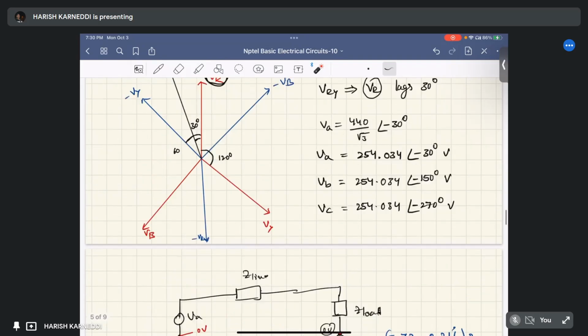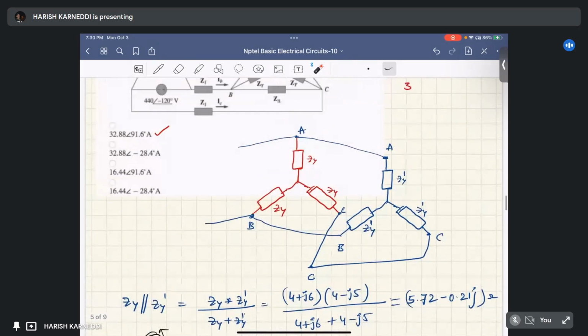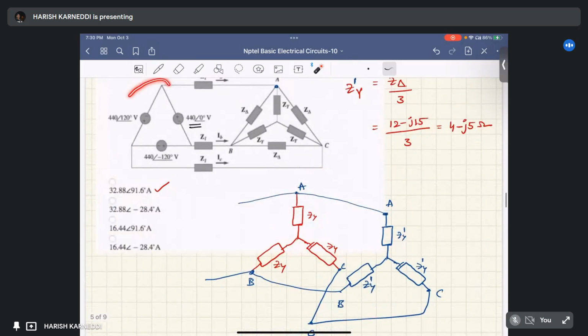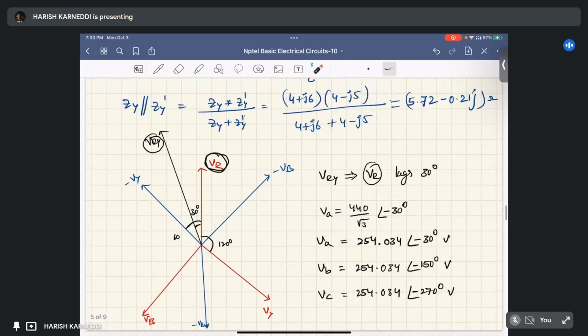And here the source is also in delta form. Delta form means these are line voltages. To convert line voltage into phase voltage, adding two phase voltages gives the line voltage.